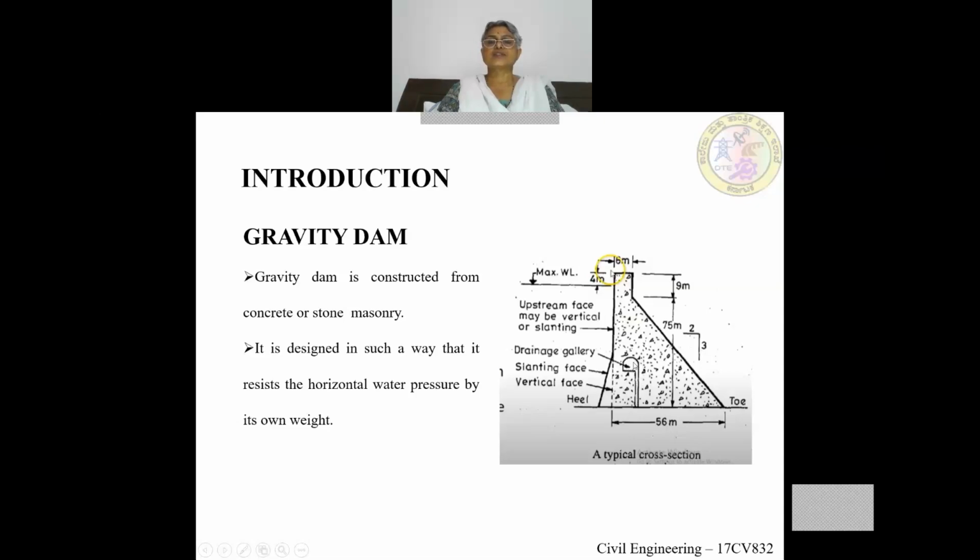This is a drainage gallery, and this is the top width of the dam, and this is the bottom width of the dam, and this is the height to which the water is stored, and this is the maximum water level. When the water rises above this maximum water level, it flows to the downstream side. That is how the dams are normally designed.